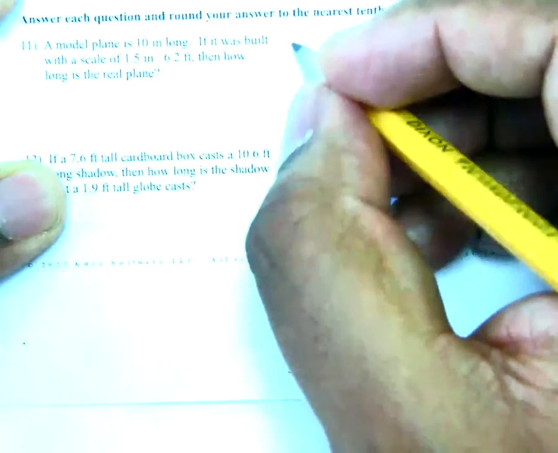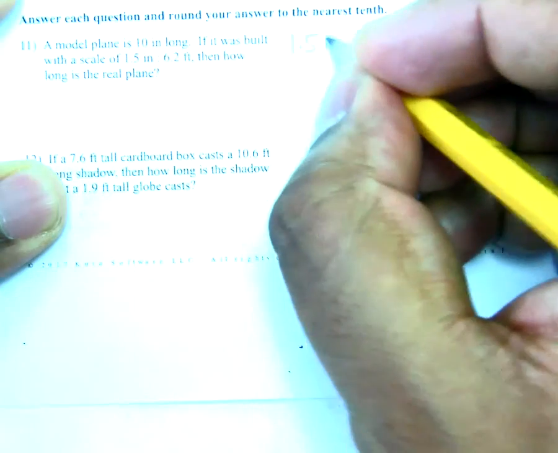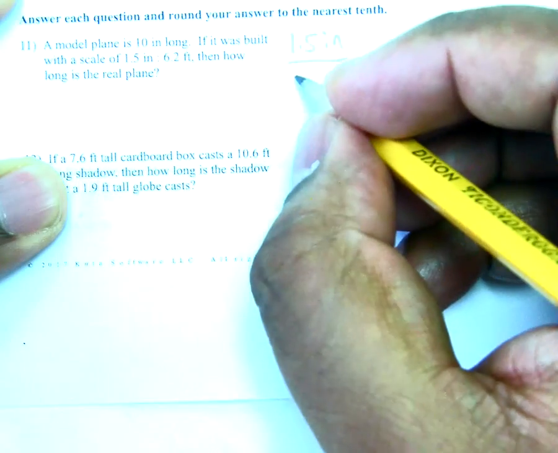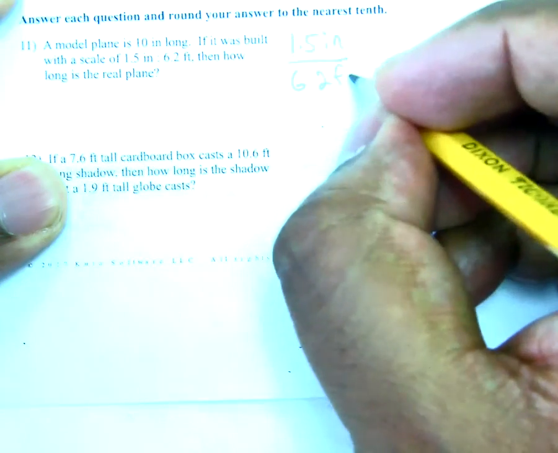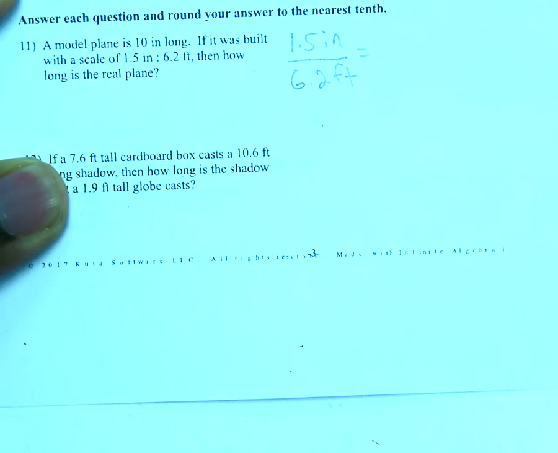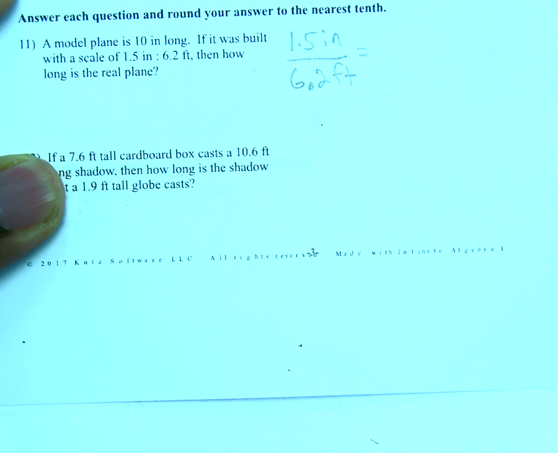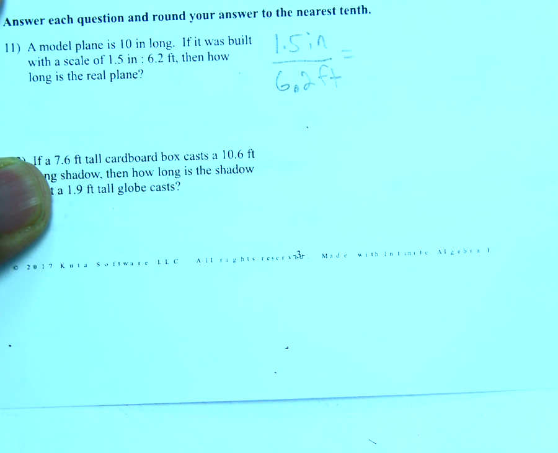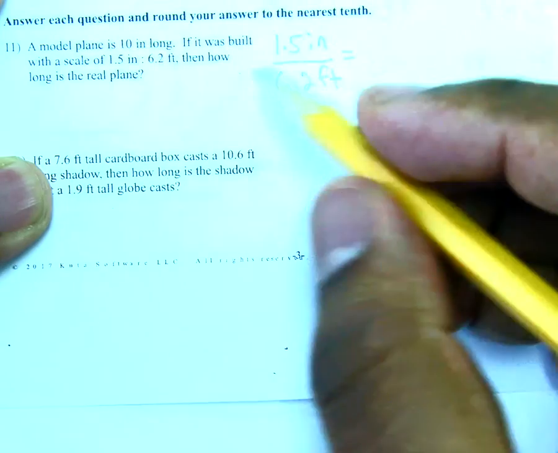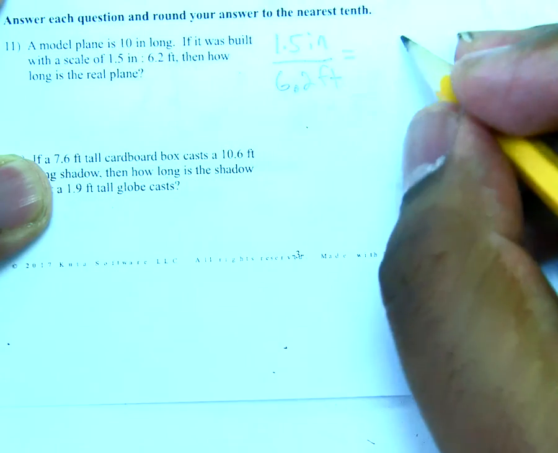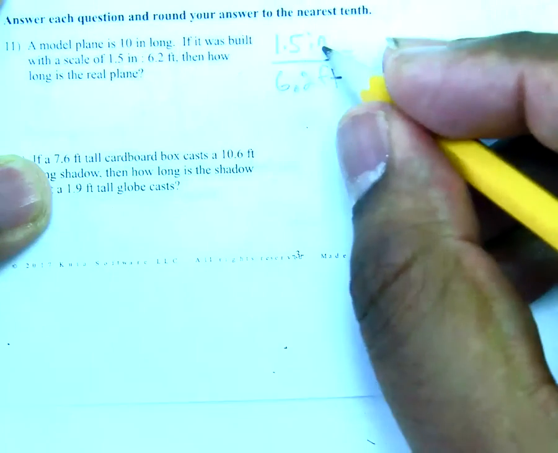Well, you'll take the scale factor and set it up just as it is. You'll put your 1.5 inches divided by 6.2 feet. And then we'll go ahead and take the 10 inches. So since we have 10 inches, we will make sure we put that in the numerator to match up with inches here.